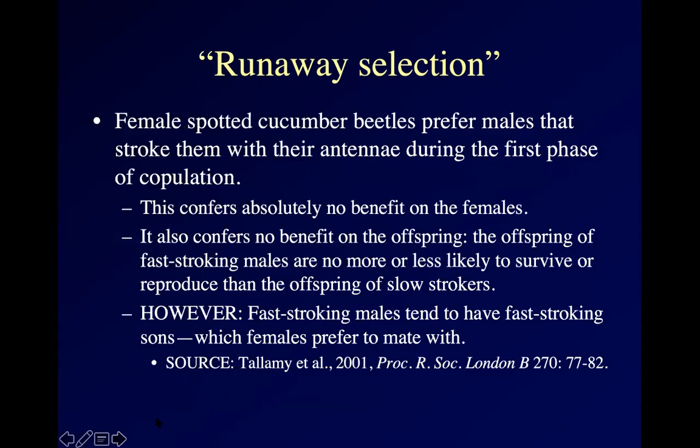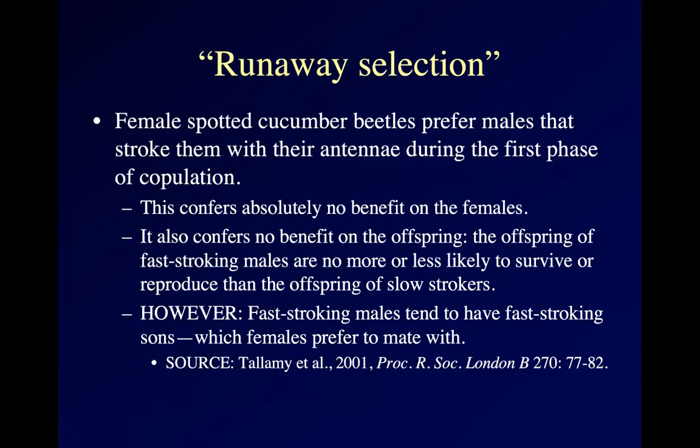So this was worked out, okay, about 20 years ago. Female cucumber beetles prefer fast stroking males. That does nothing for the females. It does nothing, no benefit for the offspring. The difference is that fast stroking males have fast stroking sons, which females prefer to mate with.